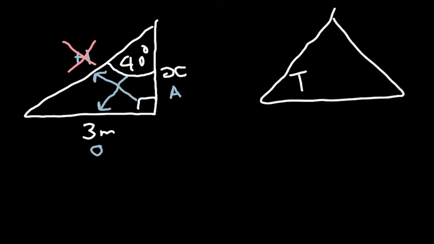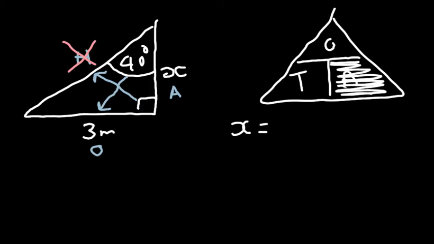So the tan of the angle is equal to the opposite divided by the adjacent. I'm trying to find the adjacent side. So I'm going to get rid of the adjacent, and it tells me to find the missing side, I need to do the opposite, which is 3, divided by tan of the angle, which is 40.